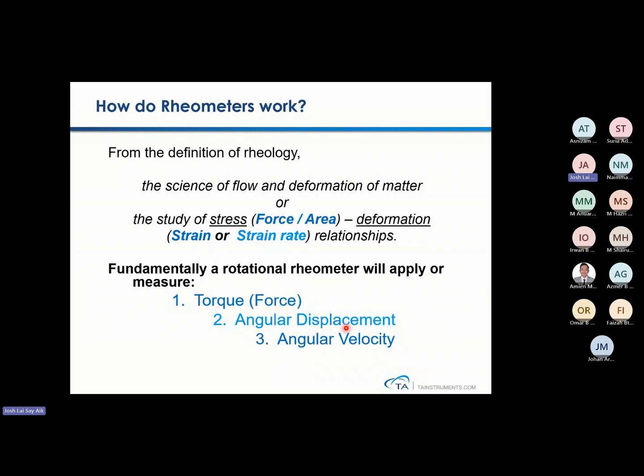While angular displacement is how far the rheometer can displace a sample, and angular velocity typically relates to the speed of deformations. So these are the three key parameters that will determine the quality of your rheometer's performance.